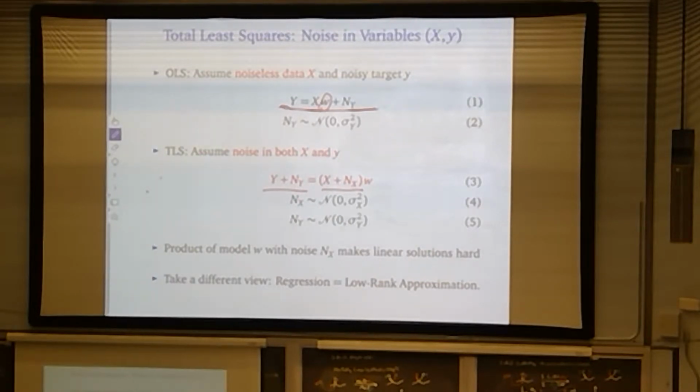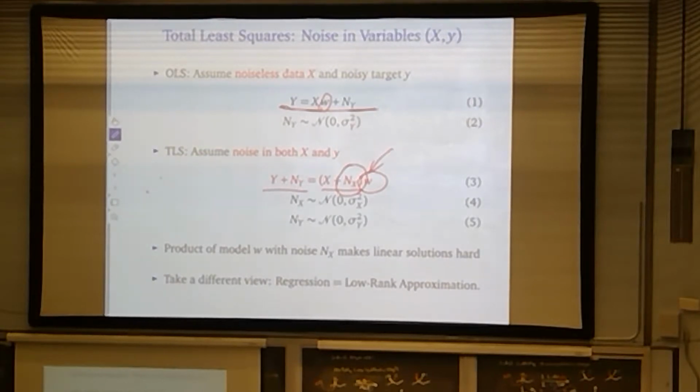So you assume that, if you remove the noise somehow, the underlying model is a linear relationship. That's why we write the model as such. You can see that because you have two noisy variables, in the MAP view of this model you have the product of these two. It's very difficult to come up with a linear solution.